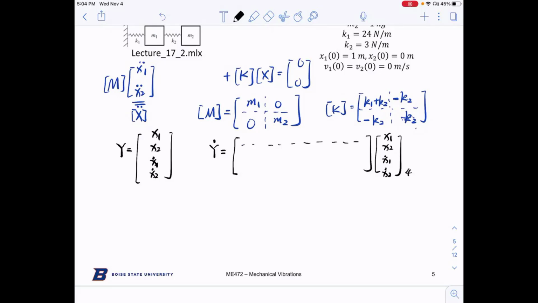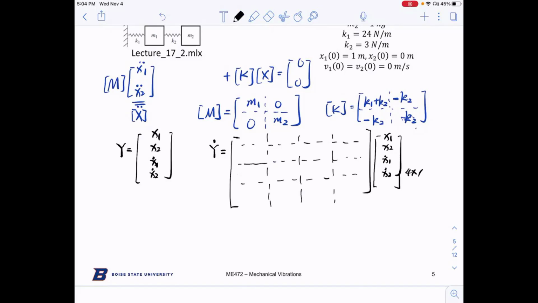Because this is a 4x1 matrix, we're expecting a 4x4 A matrix. One, two, three, four. All right.